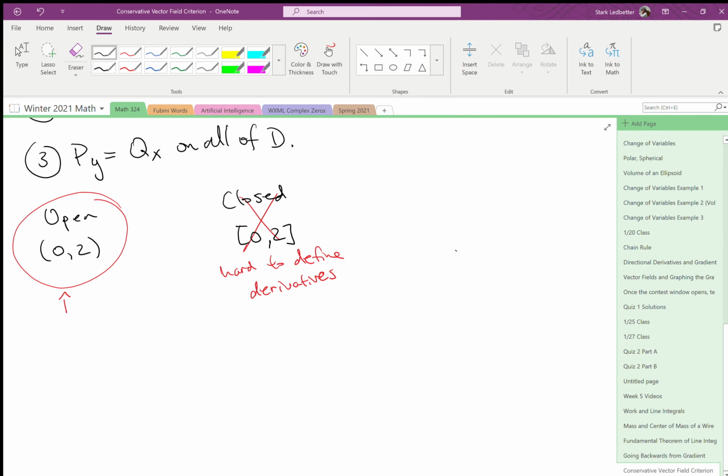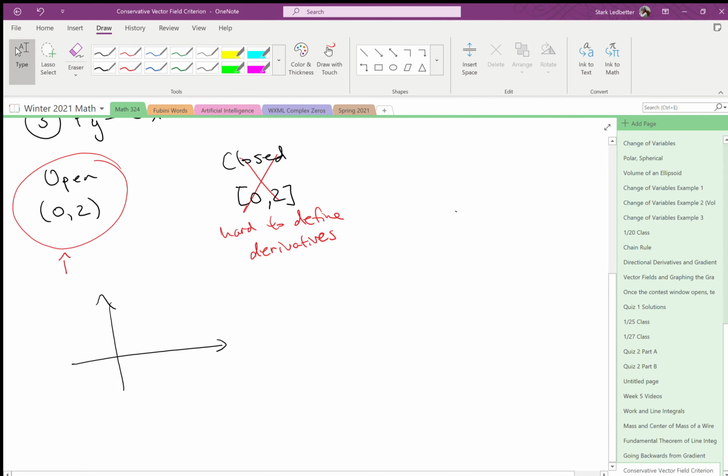Okay, let's try to extend that to 2 dimensions. So maybe instead of an interval, I can make a ball, like a unit circle, and the stuff inside the unit circle, and just like with the intervals, I'm not going to include the boundary. So there's an open ball. I can make an open ball anywhere. Pick a center, pick a radius.